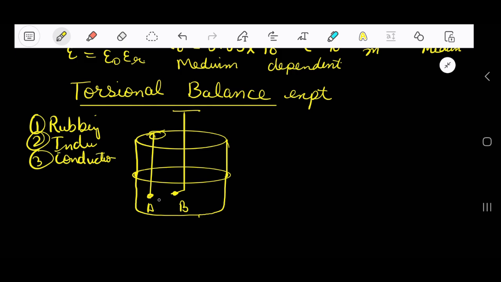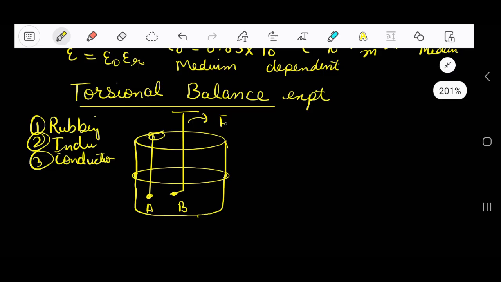Body A was taken out of the jar and charged, and again it was suspended in the jar. Now a deflection was observed in the rope or the fiber which was used. The force between the two charges will be related to the angle of twist of the fiber.